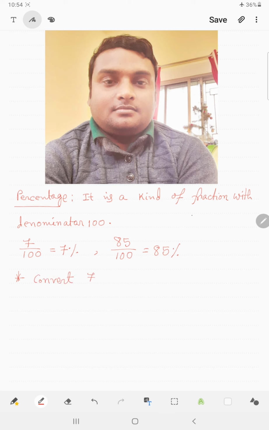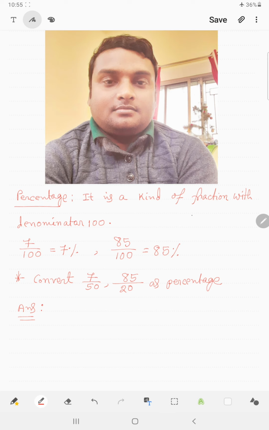Convert 7 by 50 and 85 by 20 as percentage. Okay, you have to convert this as percentage. How you will convert it, that is the only thing I want to see.